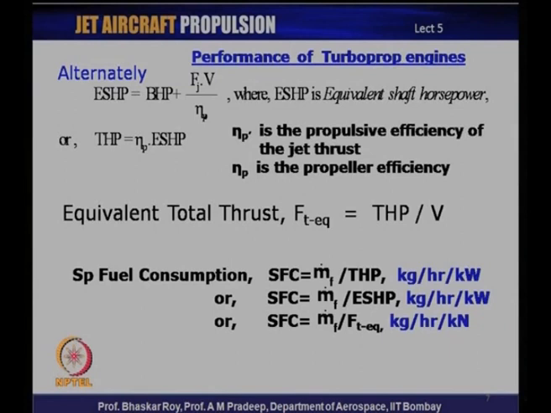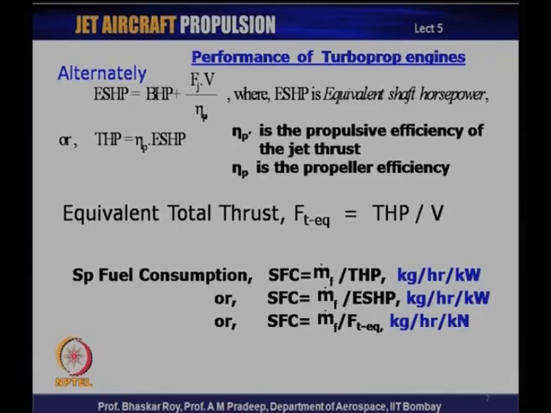Alternately, quite often this can be shown in terms of what is known as equivalent shaft horsepower, and this is given in terms of BHP as supplied by the main shaft to the propeller, and the jet thrust that is being created converted to power.